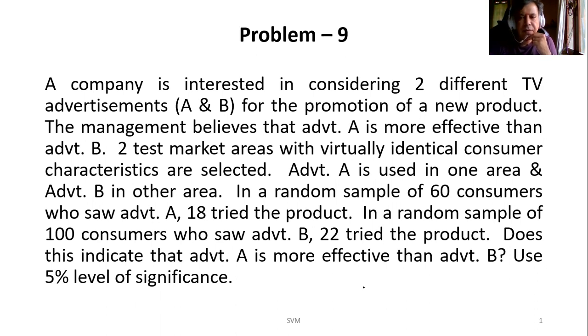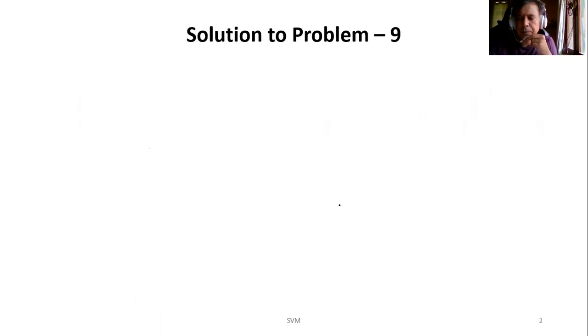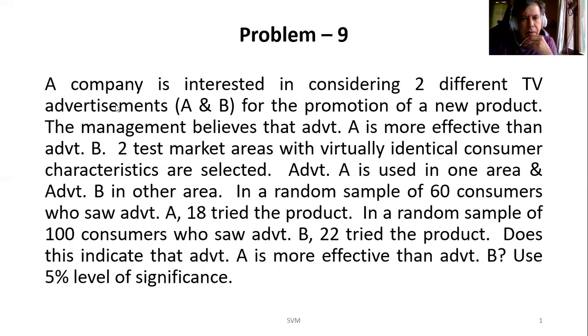Now, first we will identify one thing is clear that it is a comparison between two different advertisements. Let us capture what are all given in the question. So, we say advertisement A, advertisement B. One advertisement is tried in one area, another advertisement is tried in another area.